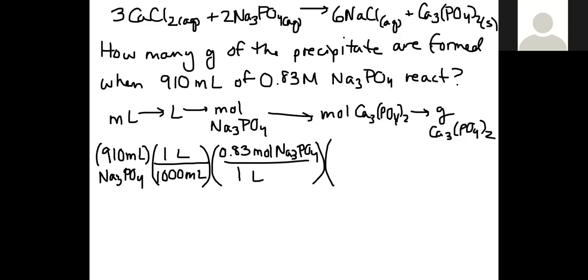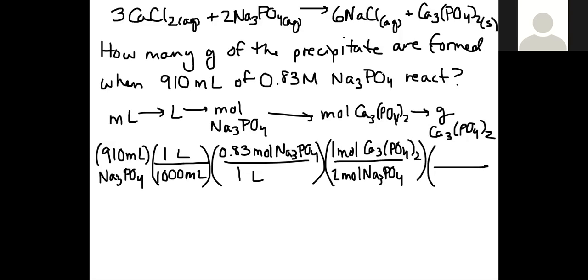Now I use what to get to moles of Ca3(PO4)2? Molar ratio, which is 2 moles of Na3PO4 to 1 mole of Ca3(PO4)2. And then I use my molar mass, which is 310.18 grams per 1 mole of Ca3(PO4)2.